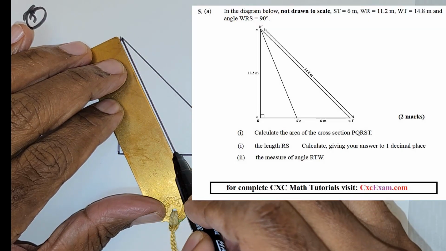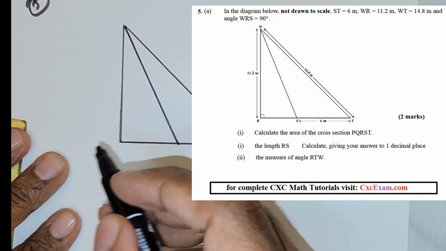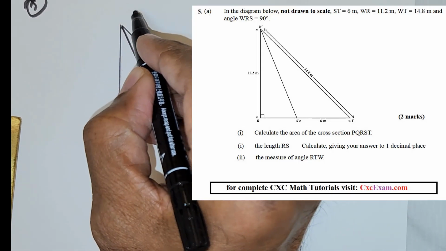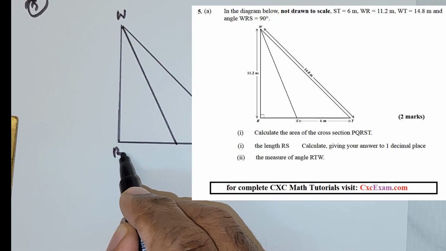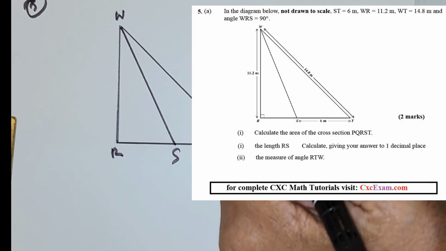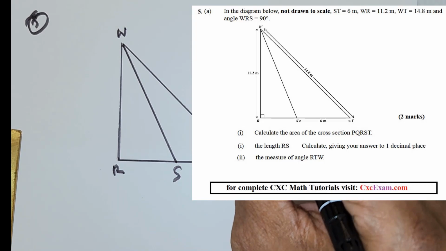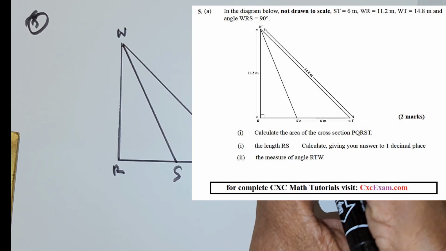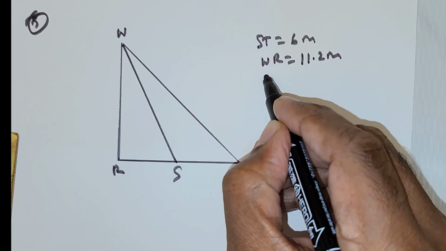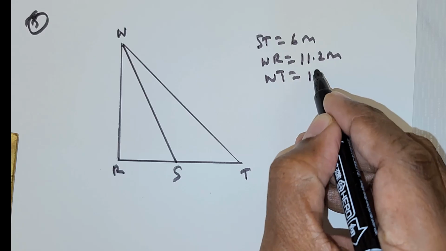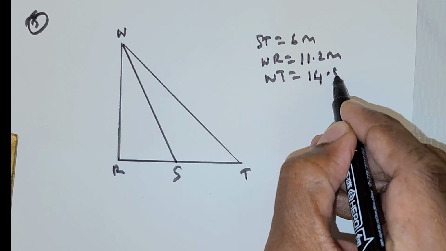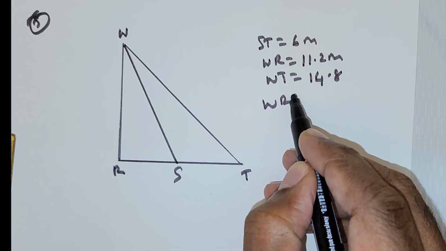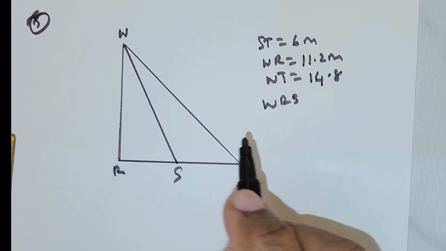Okay, that's a good triangle. Now we are given the following naming. This is W, R, S and T. ST is 6 meters, WR is 11.2 meters, WT is 14.8, and WRS is 90 degrees.